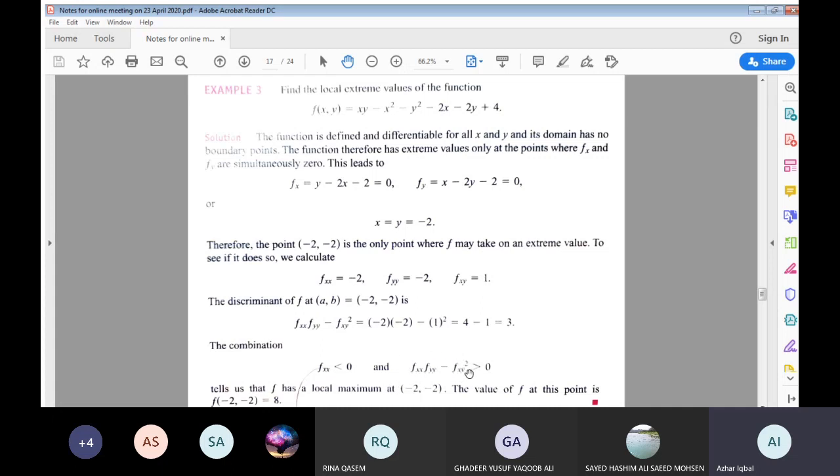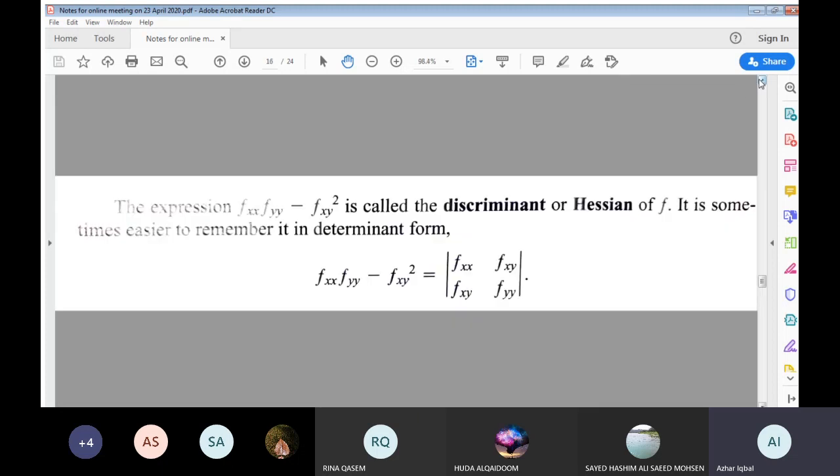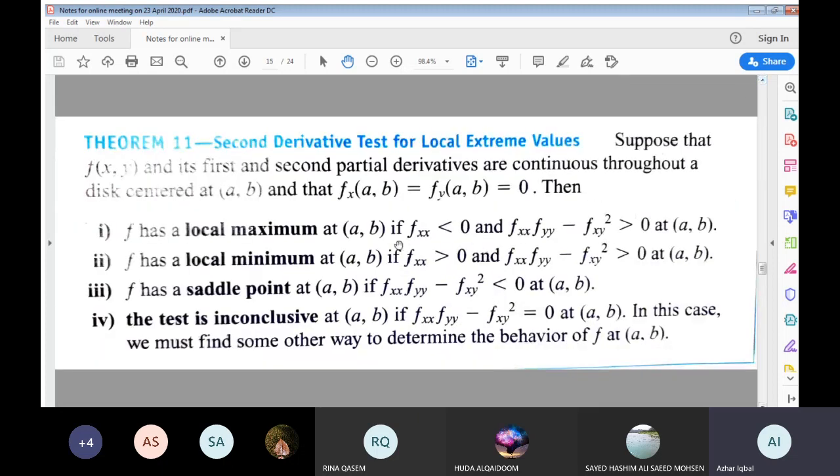the discriminant is 3, which is greater than 0, tells us that f has a local maximum at (-2, -2). Because these two conditions, f_xx less than 0 and the discriminant positive, match the first condition, local maximum.